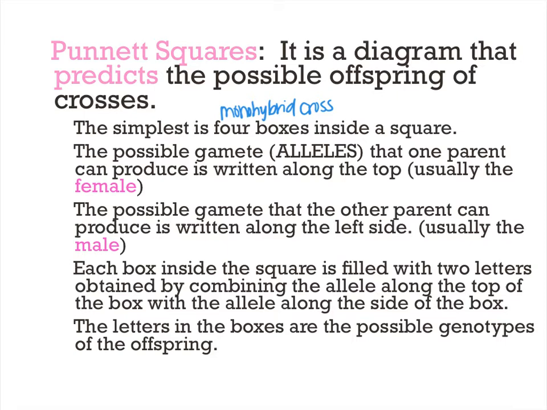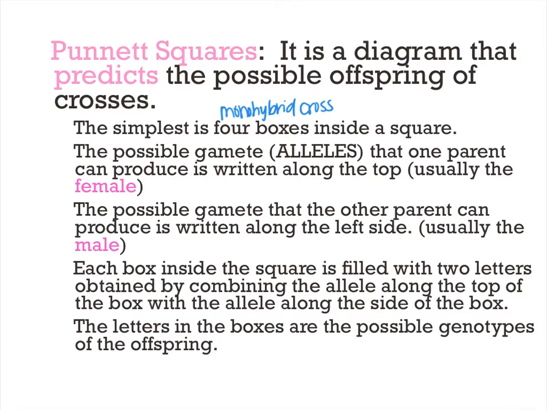Okay, so what you're going to do is on the top, and then on the left, you'll put the possible gametes for each parent. So you can put the female on one side, the male on the other side. And so the possible gametes, those are going to be what is going to be in the sperm and egg. And if you recall, those are haploid.